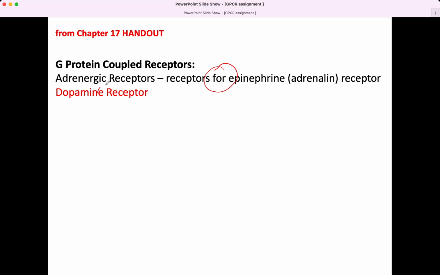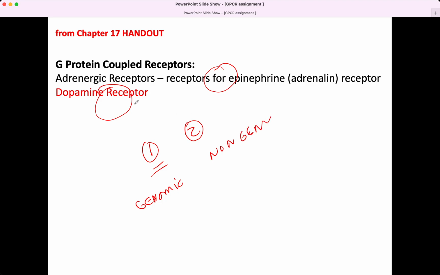Our second example is the dopamine receptor, and this is going to include both, we'll talk about first, a genomic response and a non-genomic response.